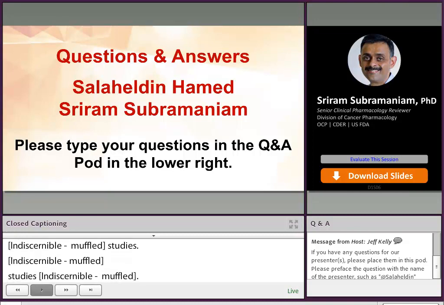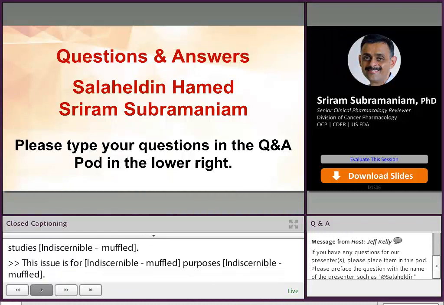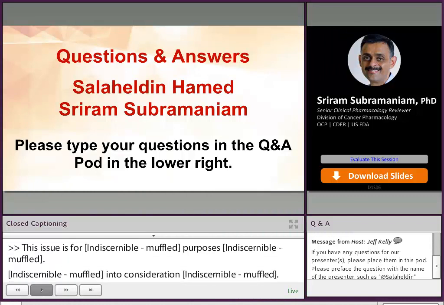So you have to take all these issues into consideration when you are making a decision to cross-validate or not. And it's pretty much clear in the guidance what circumstances require cross-validation.